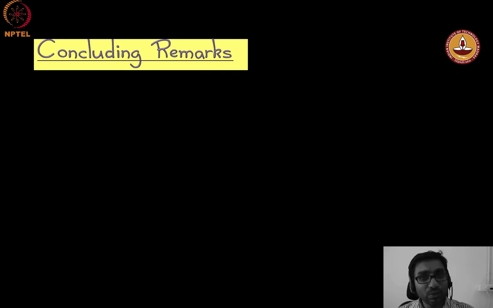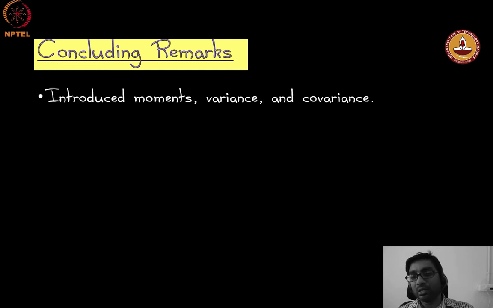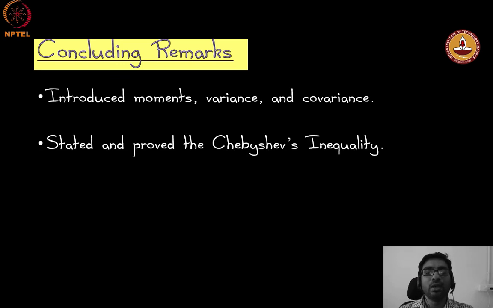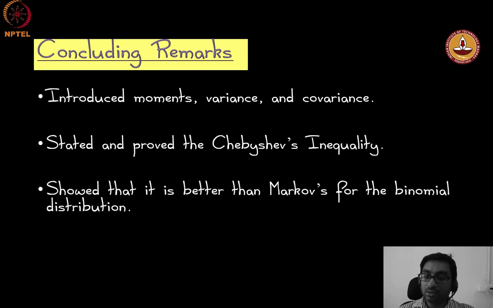With that, we come to the end of our segment on Chebyshev's inequality. We introduced some definitions and terms that were crucial to understanding Chebyshev's inequality, and we stated and proved it, and we showed that at least in the context of binomial random variables, it's a better way to bound the random variable than Markov's inequality.